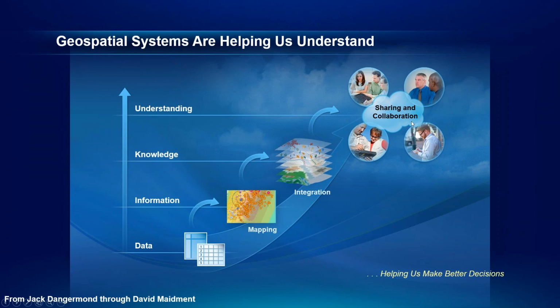And really, when people start working with information and knowledge, that's how understanding is generated, decisions are made, and the world is made to be a better place, hopefully. So helping us make better decisions by integrating a lot of information. And geographic information systems are really good at integrating information from multiple sources. And we'll be thinking about the structure of how that comes about.